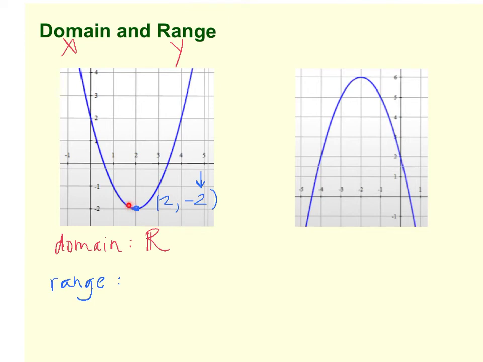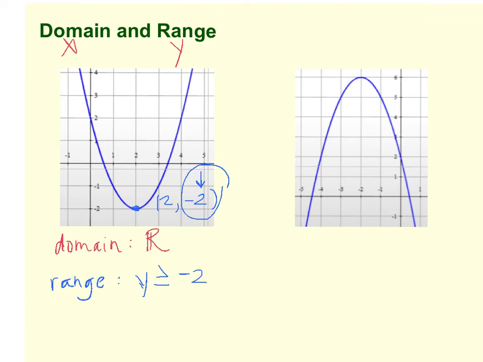Over on this side, the graph will hit a -1, a 0, a 1, a 2, a 3, a 4, but your graph will never be down here. So we say that our range, that all the y's are, in this case, greater than or equal to that -2. There's that -2 that helps us out with the range.